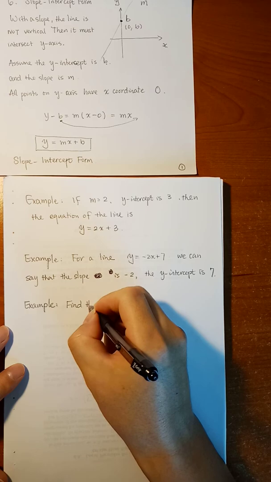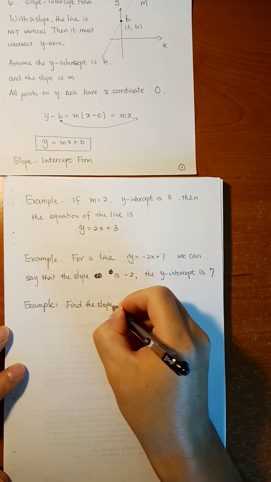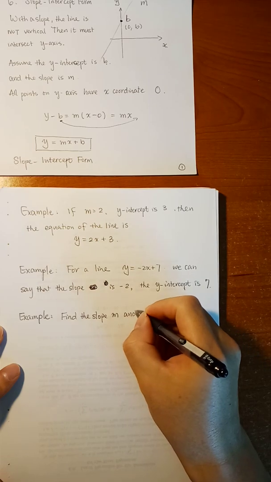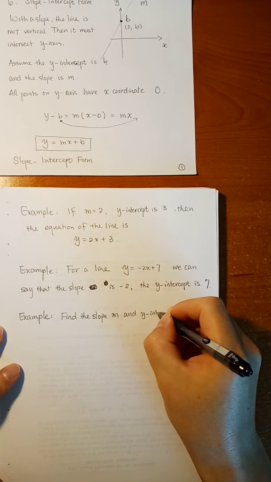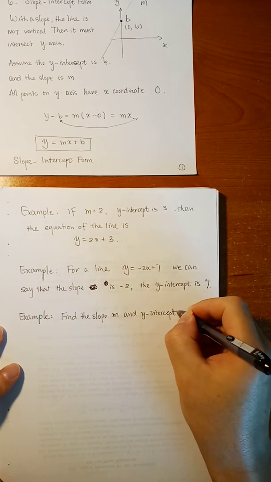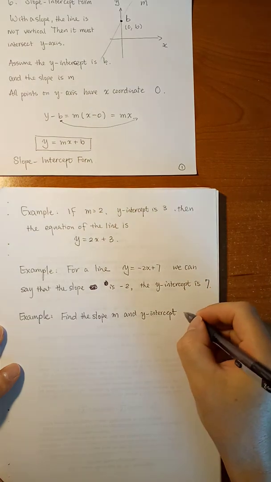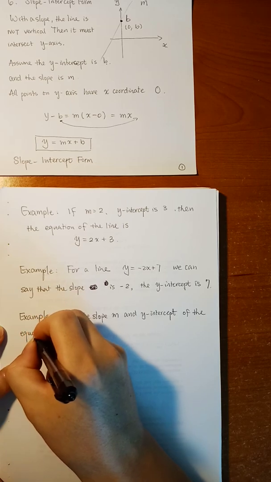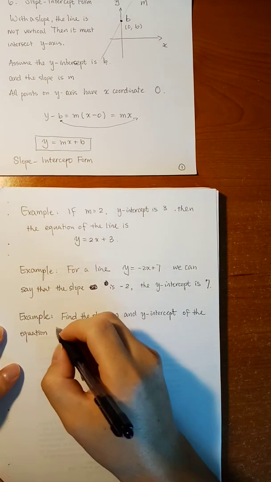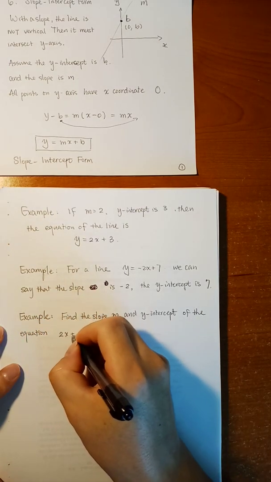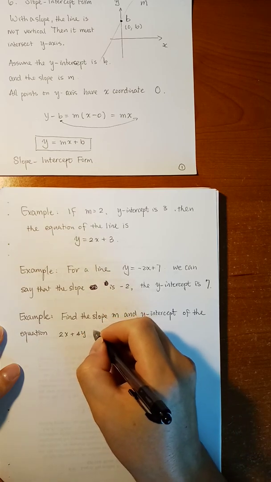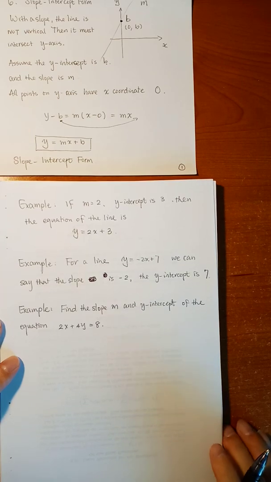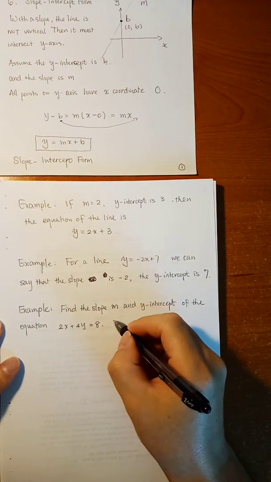Find the slope m and y-intercept of the equation 2x plus 4y equals 8. Graph the equation.